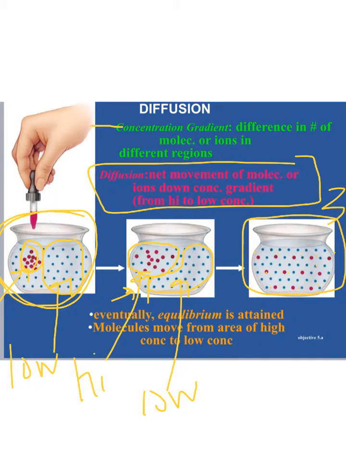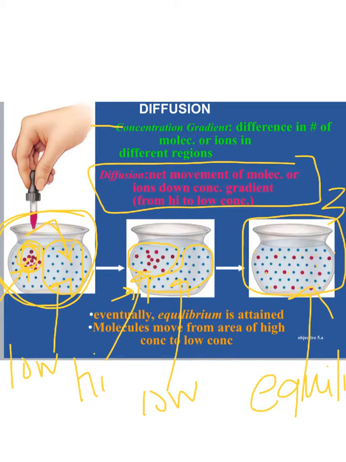So basically, when things diffuse, you get movement of the ions or molecules down the concentration gradient from a region of high concentration to a region of low concentration, and that happens until we reach what is called equilibrium. So in this third beaker, we have reached equilibrium, and that is when there is no net movement of molecules.